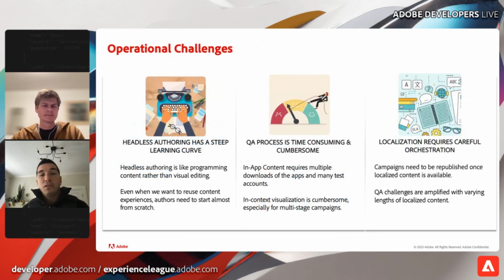But it does present some operational challenges. While it is very easy to develop and go from proof of concept directly into a fully fledged product, it does have a fairly steep learning curve. Once it's out of the hands of a developer or engineer and in the hands of, say, the authoring team or a growth or product management team, they feel disconnected between the content and where it presents itself in the interface.